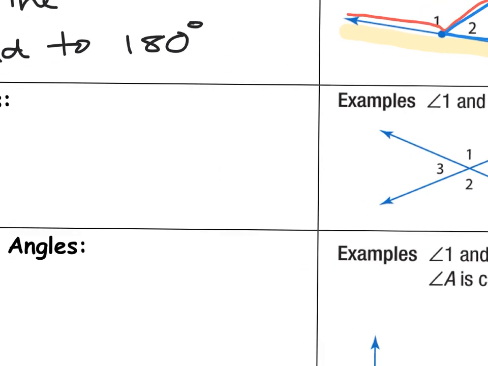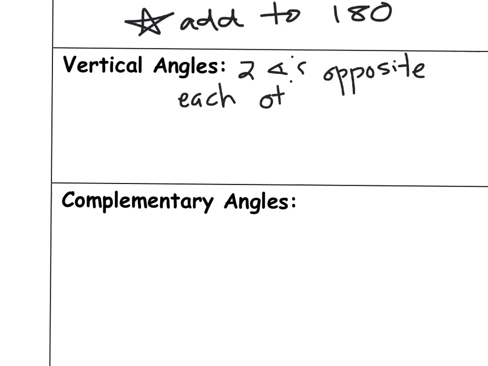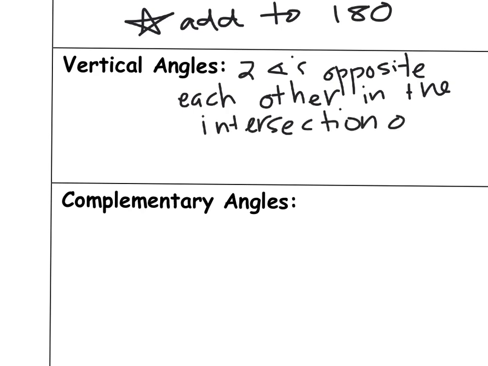All right. Next, we have vertical angles. Vertical angles are really important. You're going to see them everywhere. So these are two angles opposite each other in the intersection of two lines.